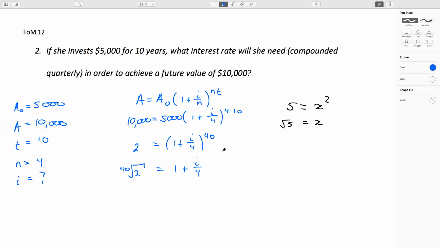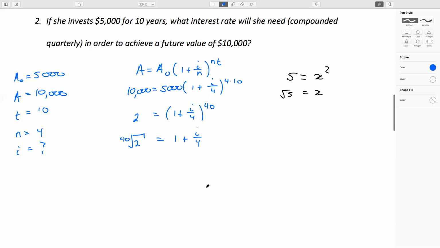And you might be asking yourself, well, how do I take the 40th root? Some calculators do have this button, but most calculators have a square root and that's it. So you need to remember that the 40th root can be written as an exponent. It can be written as 2 to the 1 over 40. This equals 1 plus I over 4.